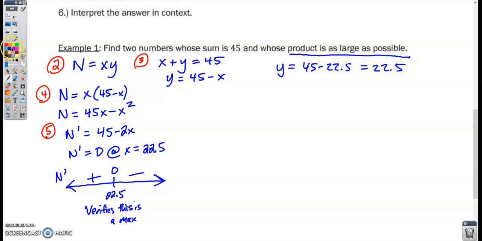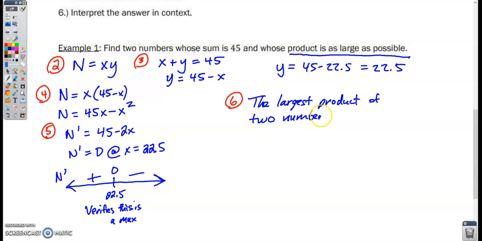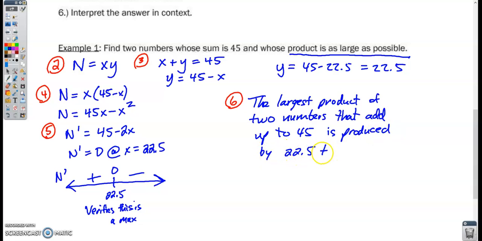And so, step 6, the largest product of two numbers that add up to 45 is produced by 22.5 times 22.5.